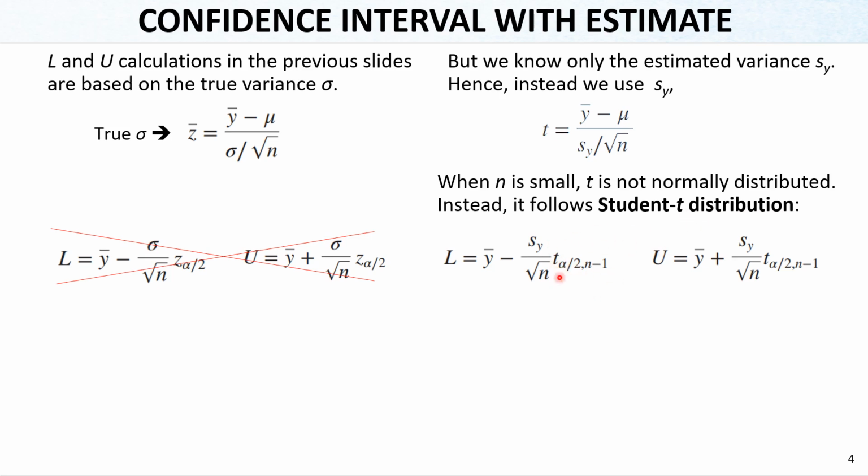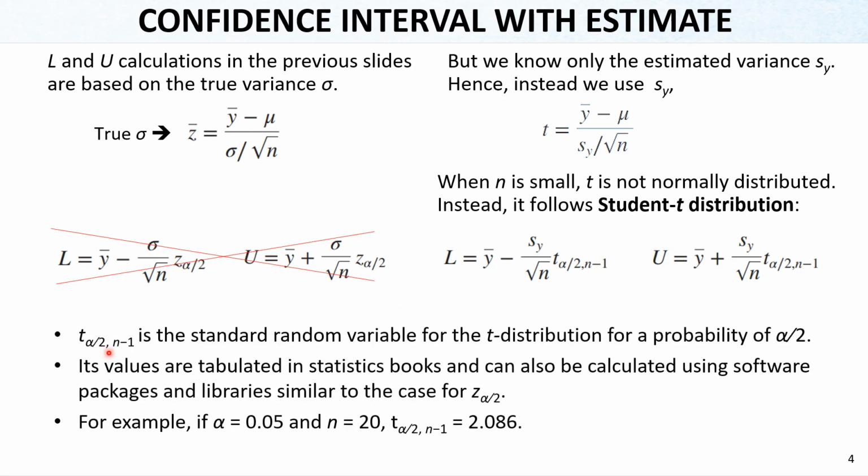So this T distribution is different from normal distribution now because we have limited samples. And this was developed by statisticians saying that, okay, when we have limited samples, we don't have the standard normal distribution, but a T distribution. So T is the standard random variable for the T distribution for a probability of alpha divided by 2.